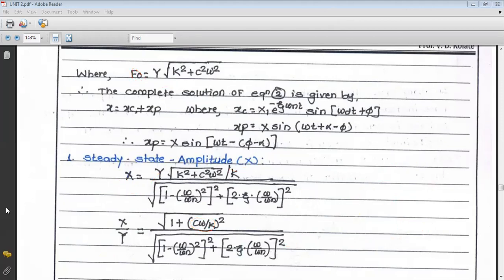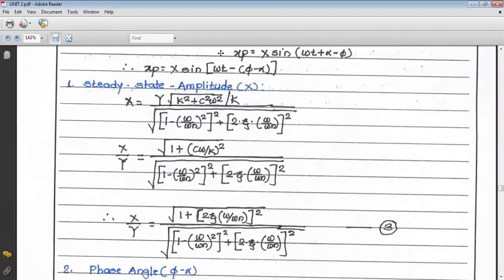So after putting this value, c omega upon k, the square root of 1 plus, now what is the value of c omega upon k? It is 2 zeta omega upon omega n. So this whole bracket square, divided by the square root of 1 minus omega upon omega n square whole bracket square plus 2 zeta omega upon omega n whole bracket square.